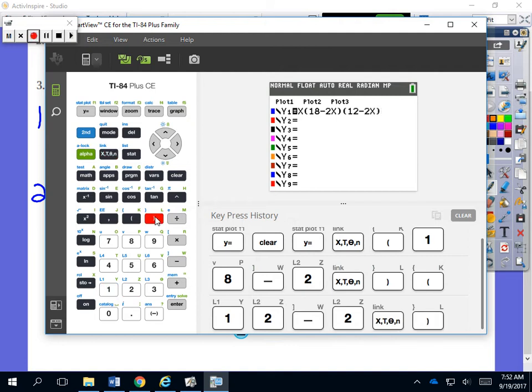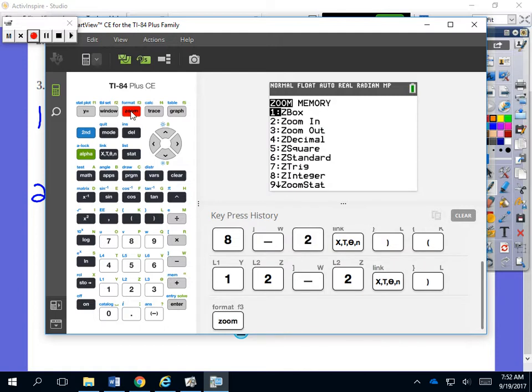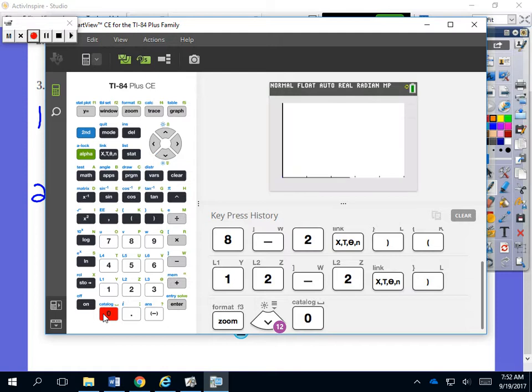Then instead of going to your window and resetting that, we're going to use zoom, which I had forgotten about, thank you to my student who reminded me. If you go down to the bottom to zoom 0, zoom fit, that will fit the window to your function. So you don't have to do it yourself. The window is automatically going to be adjusted.